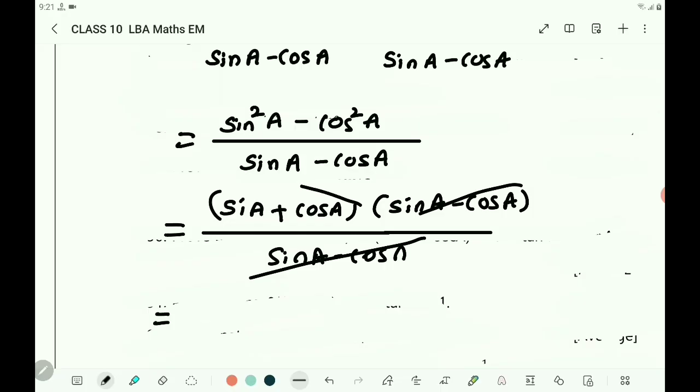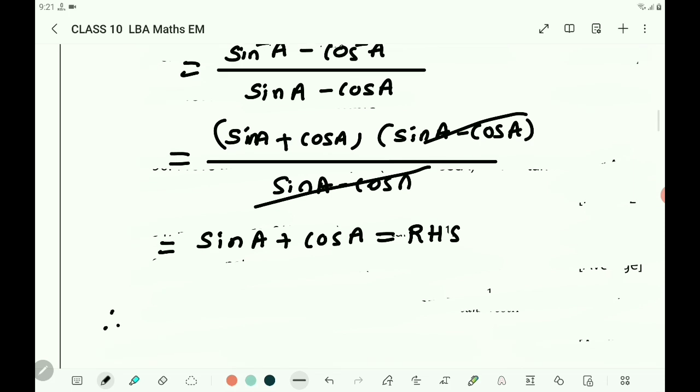Then what is remaining? Only sin A plus cos A is remaining. That is equals to RHS.